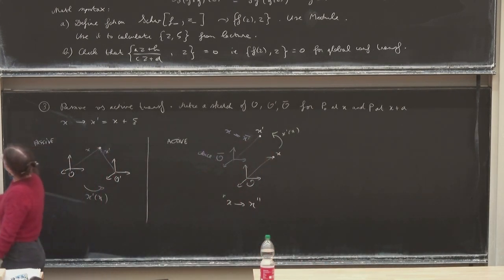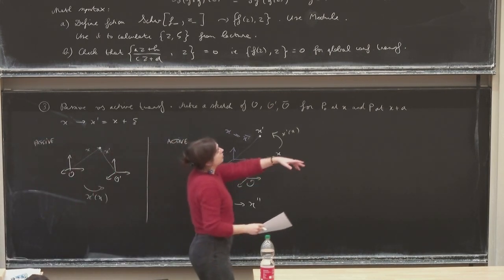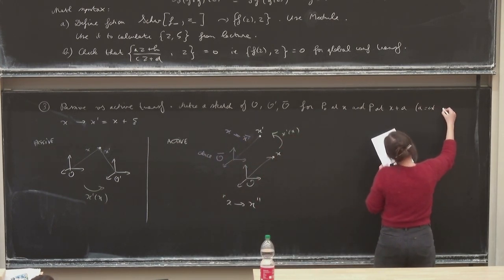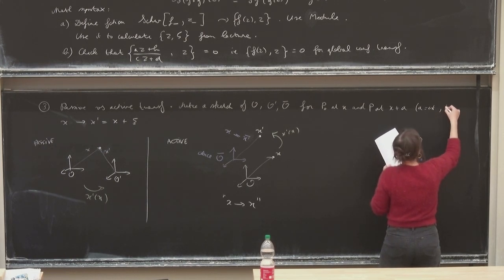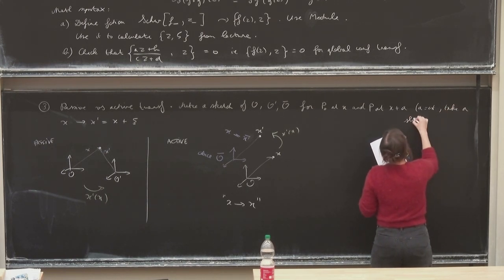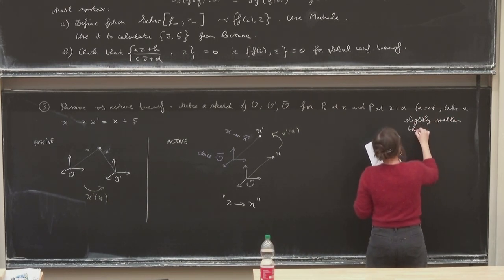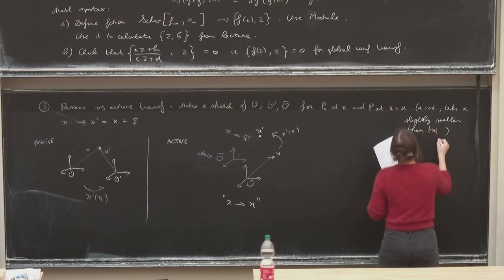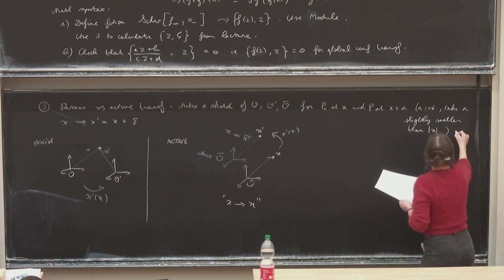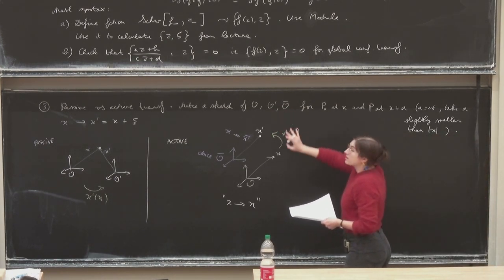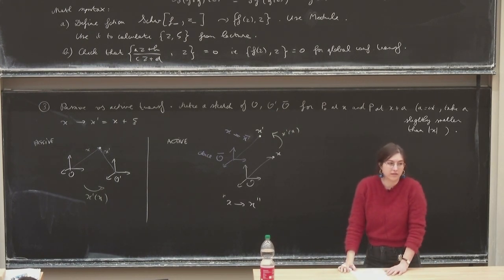Here, my xi was just a general statement, some function of x. But for the case of a translation where a is constant, and you can choose a to be slightly smaller than x, for this case, you can make a sketch of where these frames are, and that might help.